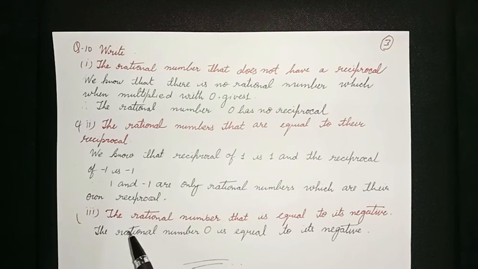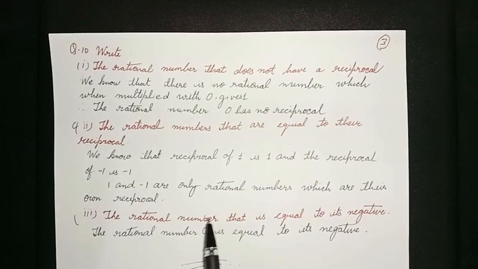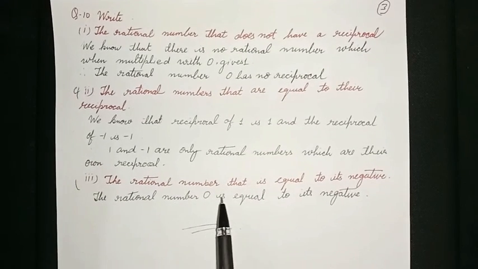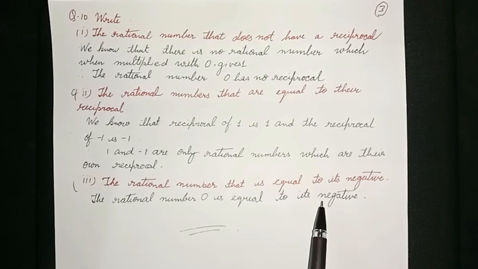So 1 and minus 1 are the only rational numbers which are their own reciprocal. The rational number that is equal to its negative: the rational number 0 is equal to its negative.